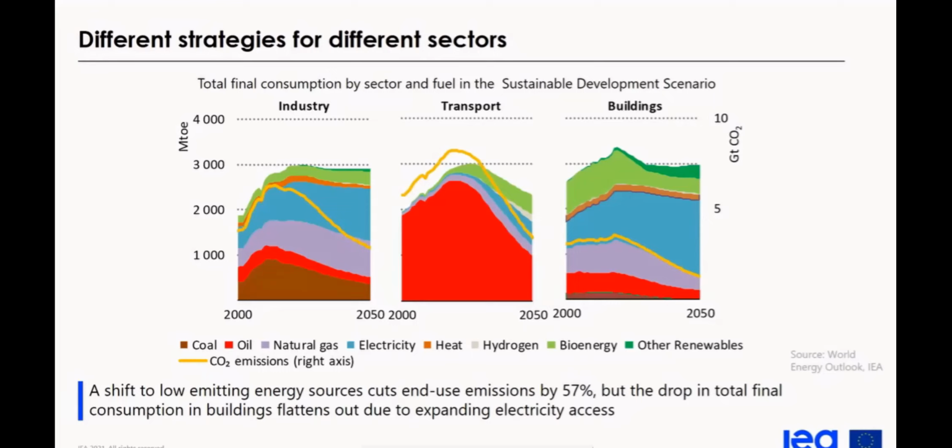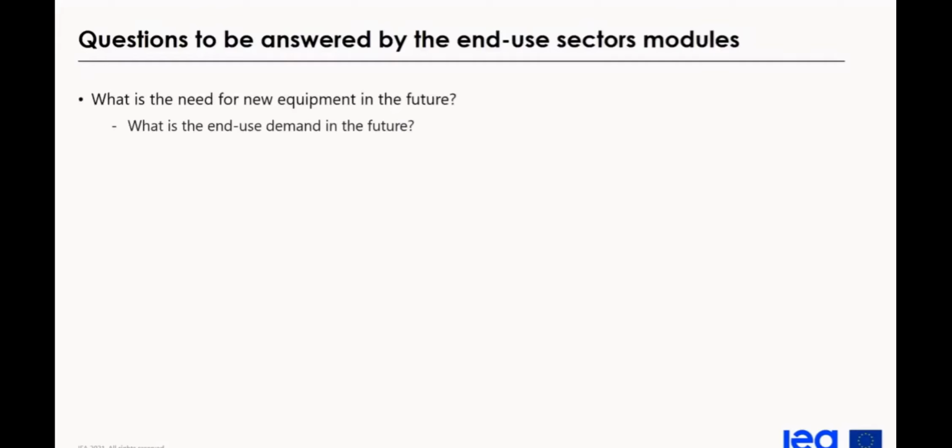One reason would be that due to the expansion of electricity access, the total final consumption in buildings is not decreasing. So in each end use sector module, the question we want to answer is what will be the need for new equipment in the future?